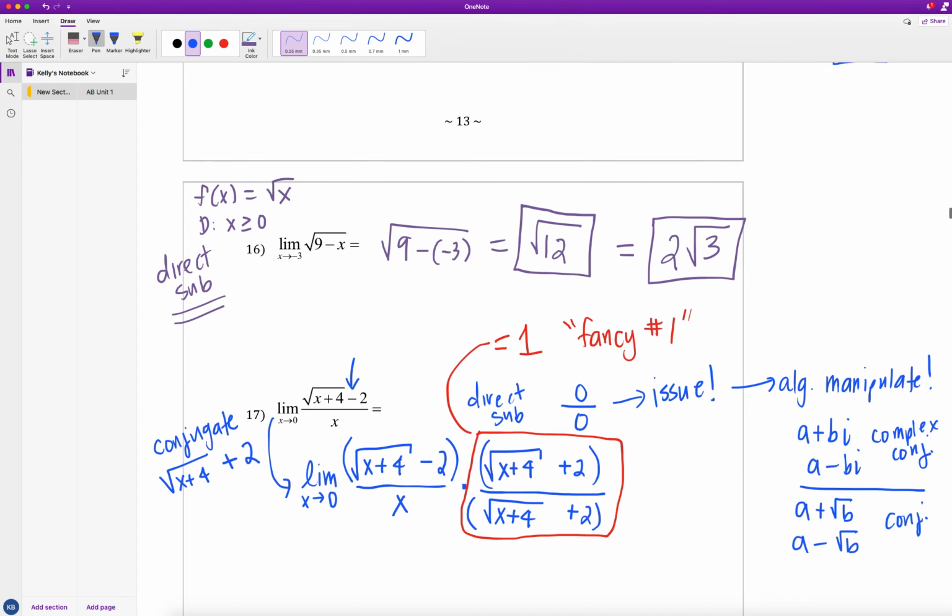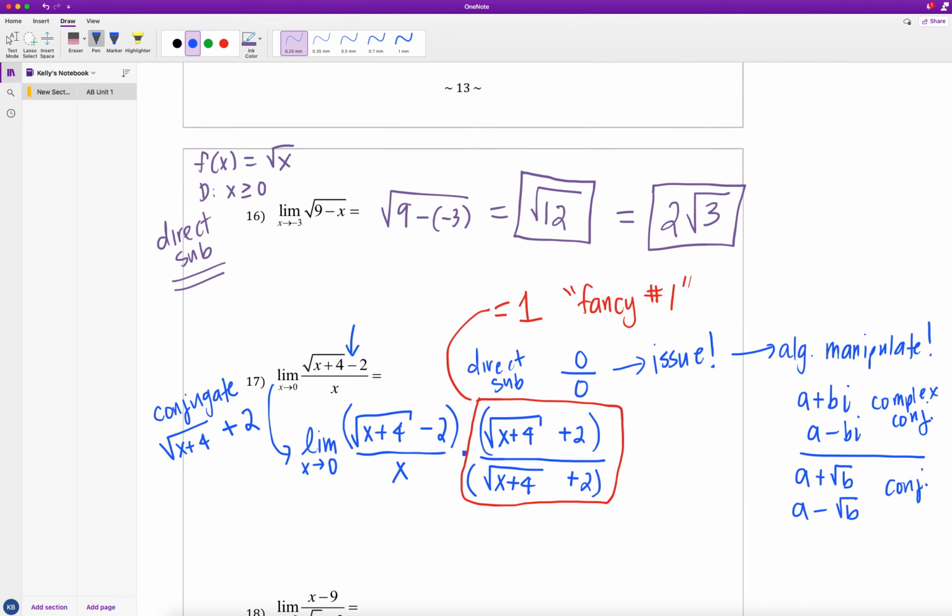All right, let me scroll down because we're going to need some space with this one. From here, I'm going to FOIL out the entire numerator. The limit is still going to be here since I have not actually taken the limit yet. When I multiply out the numerator, I have the square root of x plus 4 times the square root of x plus 4. I'll write it out in painful detail this first time: the square root of x plus 4 squared.